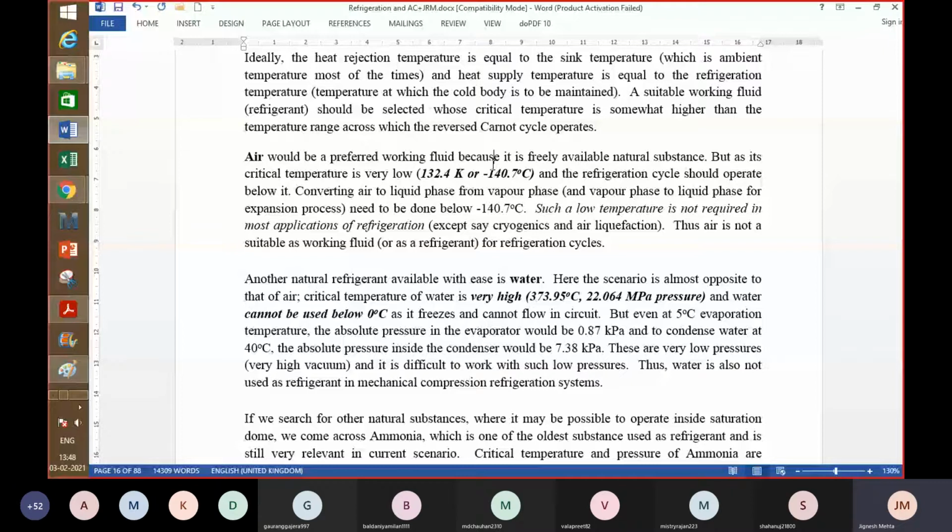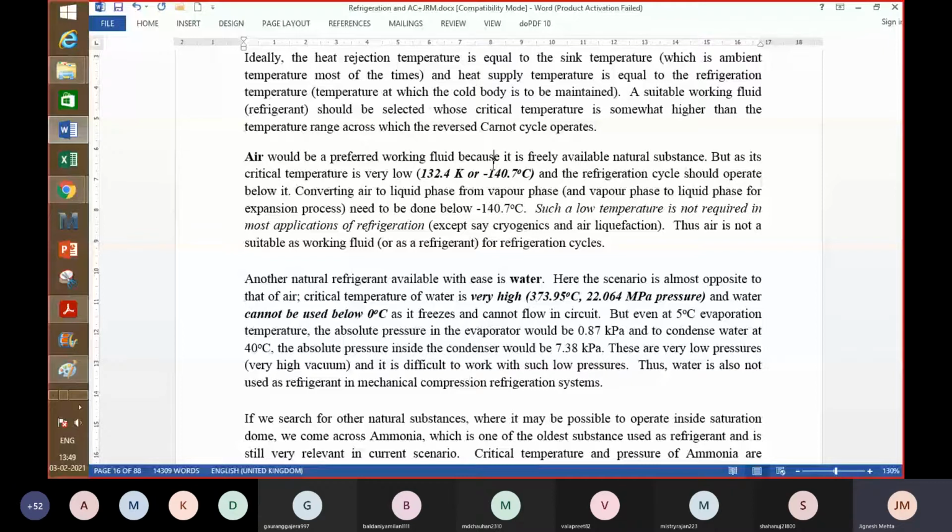Of course, the product that we produce, for example, in Brayton cycle or gas turbine power plants or IC engines, is creating damage to the environment. But if it is in a closed cycle, then the working fluid is not creating any pollution if you use air as a working fluid. So air would be a preferred working fluid because it is freely available as a natural substance.